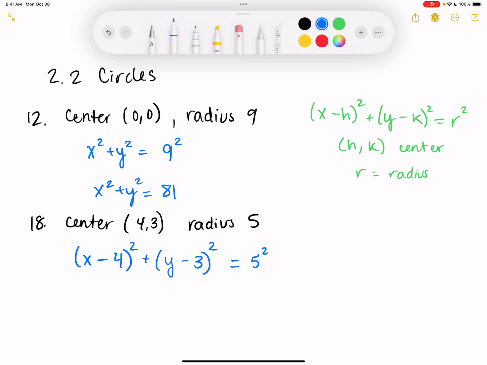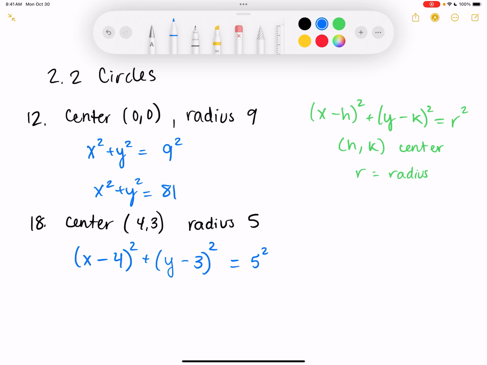Either way is fine. So if the values are positive, they get plugged in exactly. If they're negative, they change the sign.